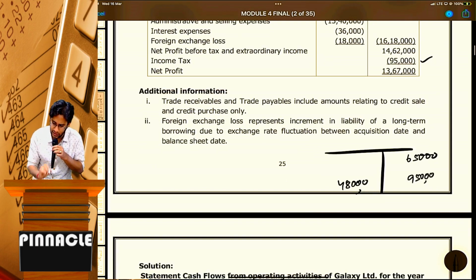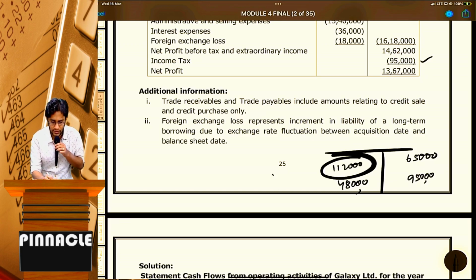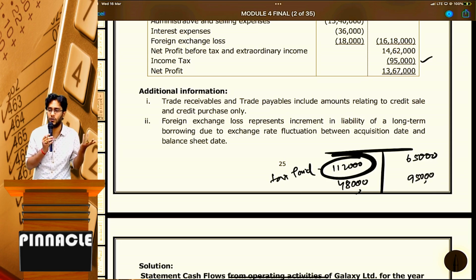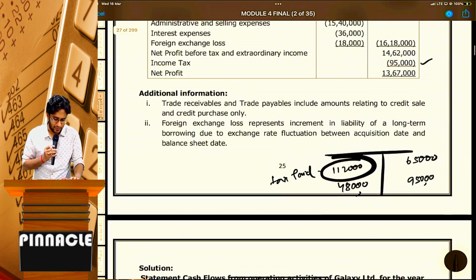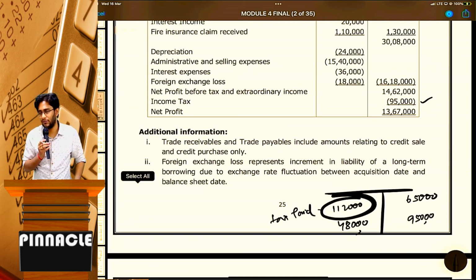You will get a net adjustment of 1,12,000. This is your tax paid. Tax paid will be shown as an outflow under cash flow from operating. So our sum is over. This is 8 mark stuff, sir. Literally 8 mark stuff. Here some additional information is given. That's as good as if he doesn't give it also, we'll do the same thing.